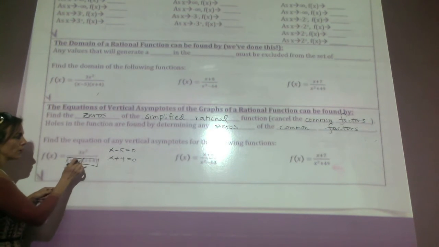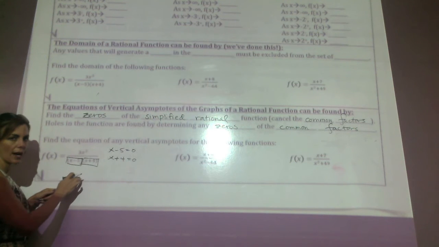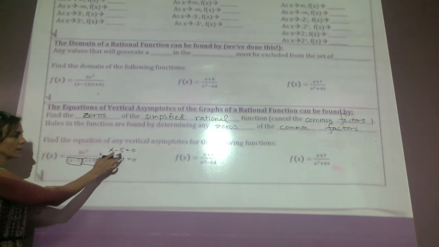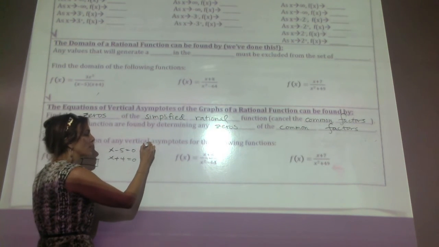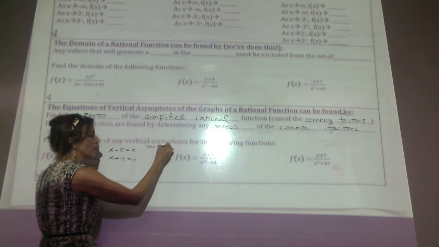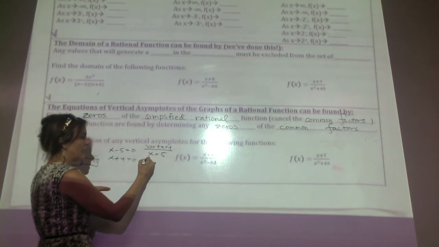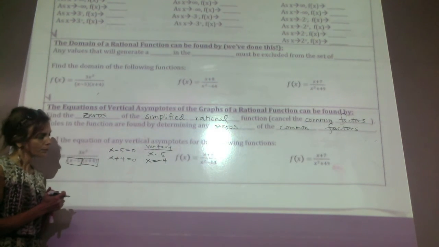Okay, so if you have common factors on the top and the bottom that cancel each other out, those would give us holes. These are not found in the numerator, so we can just solve this and we can say our vertical asymptotes would be x equals 5 and x equals negative 4, right?